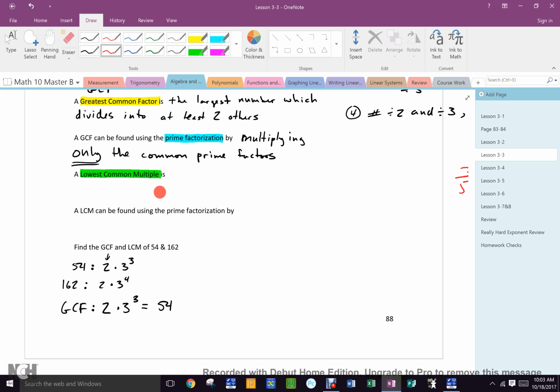So, a lowest common multiple is the smallest number which shares both, shares factors with the originals, with the original numbers.